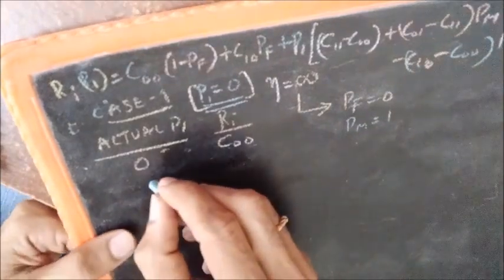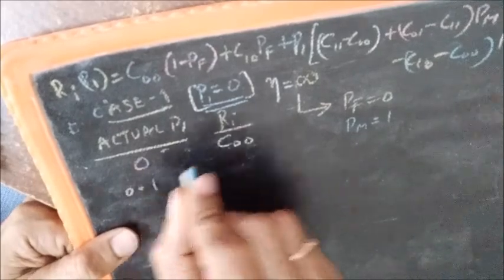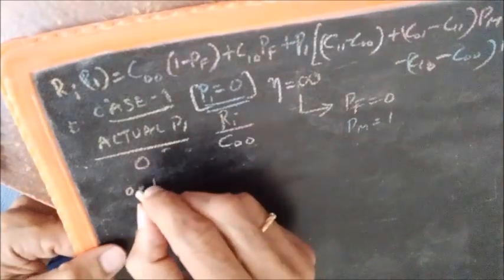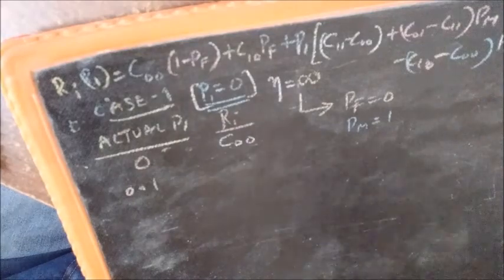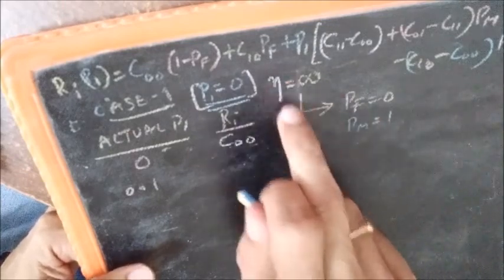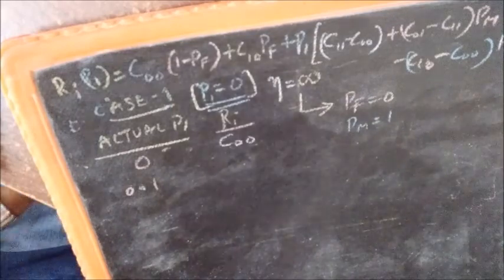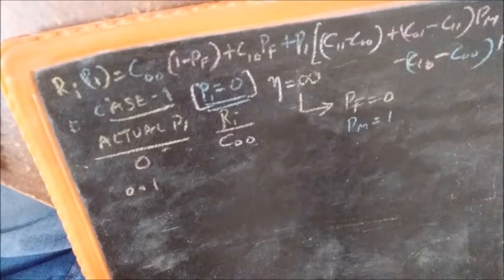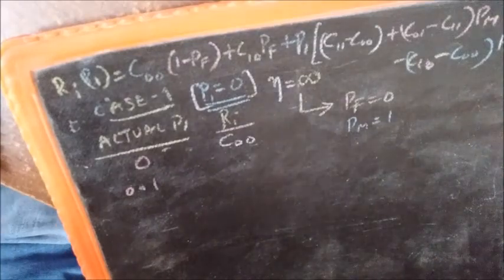Now let the actual P1 be 0.1. Now the actual P1 is different from what you have assumed. Now let's see what the cost is. The actual P1 is 0.1, whereas you have assumed P1 to be 0 and set the threshold. PF still remains 0 because eta is set to infinity. You will never have a false alarm because you will never say H1 is the true hypothesis when H0 is the actual true hypothesis, because you're always saying H0. And miss is a definite case, because with a probability of 0.1 you're going to have H1 and you're going to miss it.